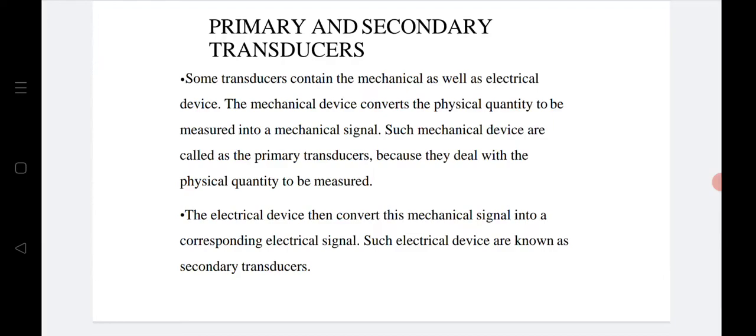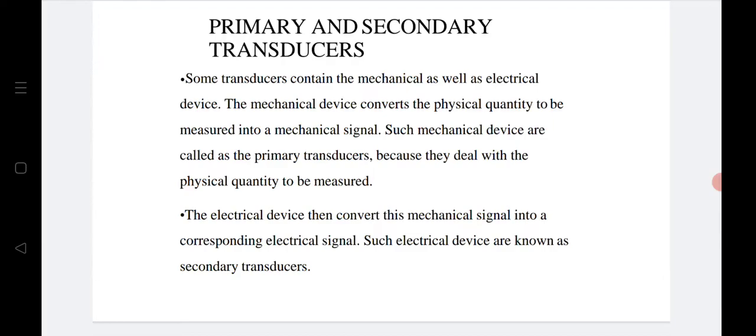Such mechanical devices are called primary transducers, used to convert a physical quantity into a mechanical signal. Why do we say it is primary? Because it deals with the physical quantity to be measured.